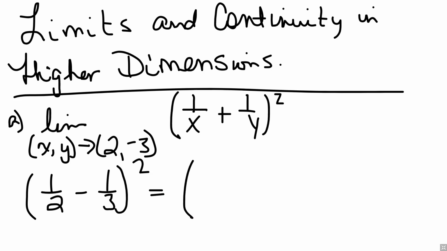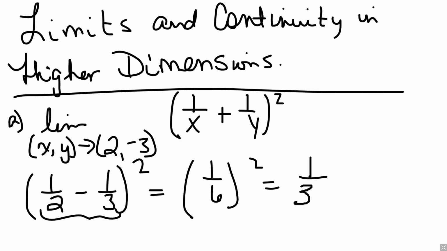If we simplify 1/2 minus 1/3, what do we get? We get 1/6, and we're going to square that, so we get 1 over 36, and that will be our limit. Any questions?